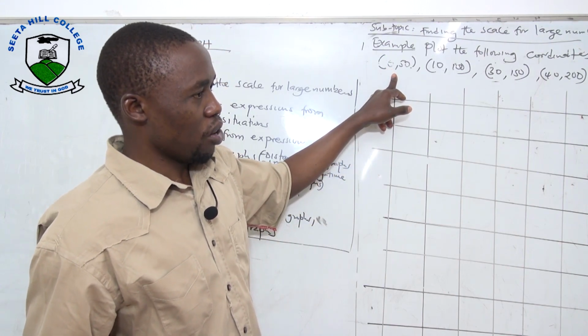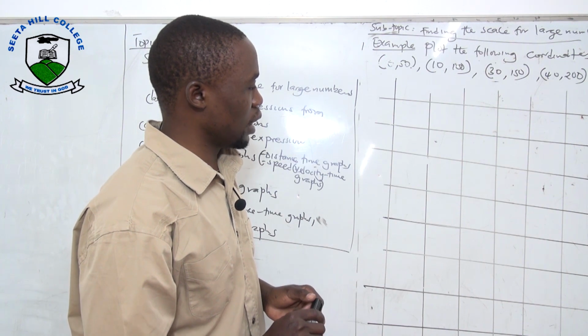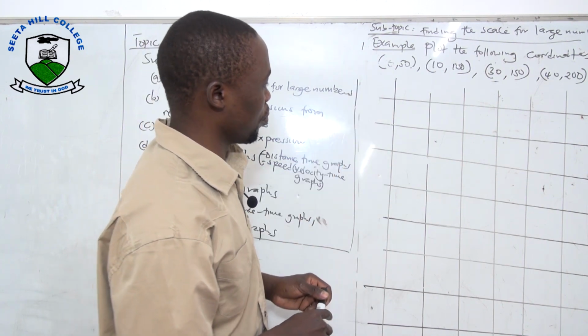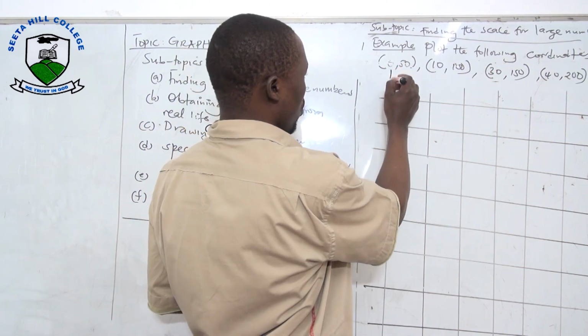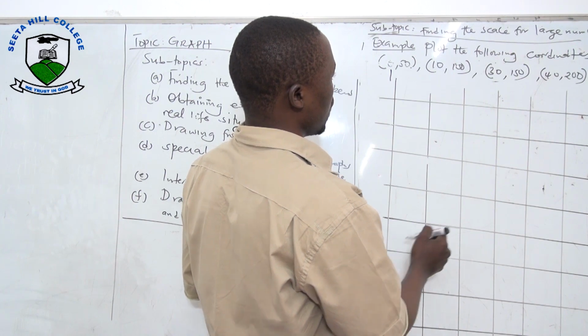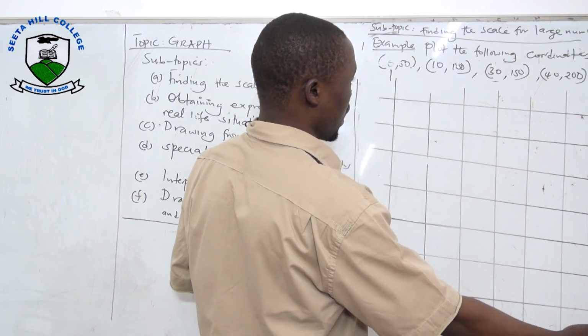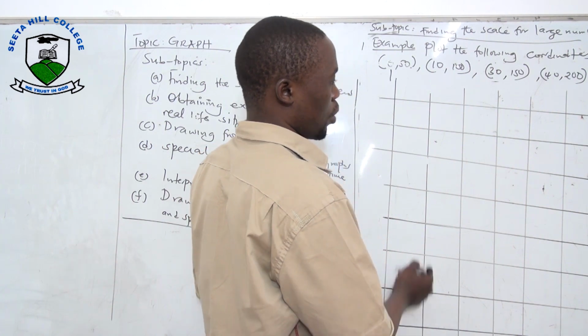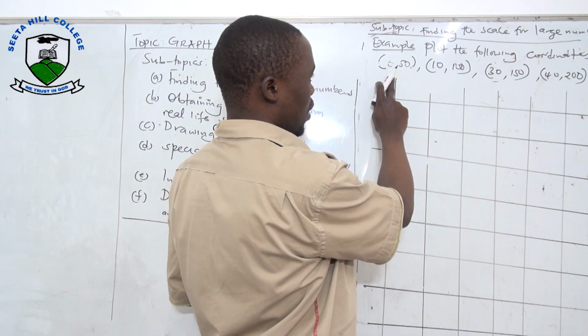Clear? Horizontally, which value is the smallest? Our x value, it is 0. Our biggest value is horizontally. The smallest is 0, of course.